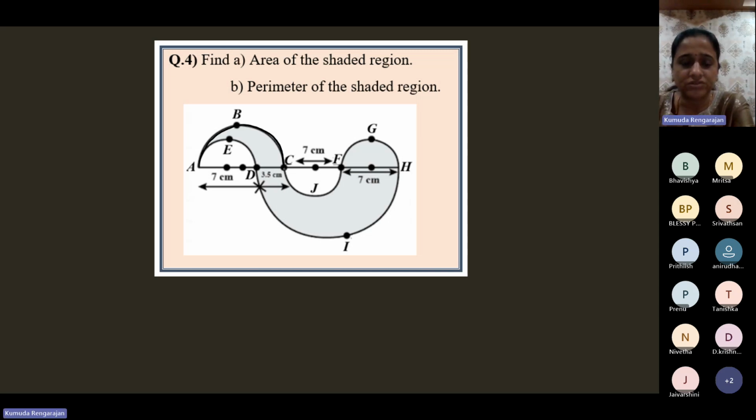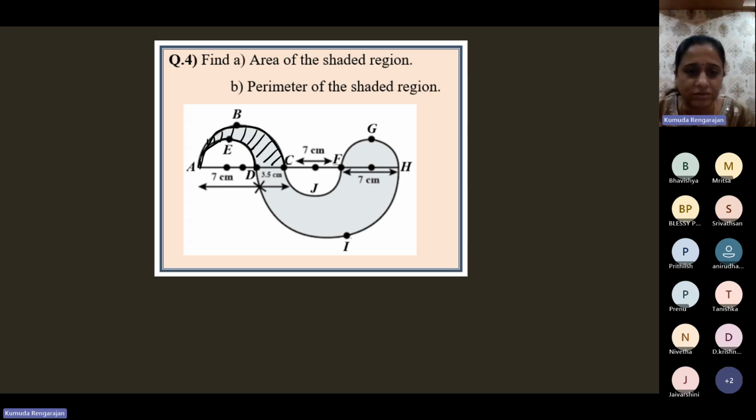The area of this semicircle minus the area of this semicircle will be the area of the shaded region.